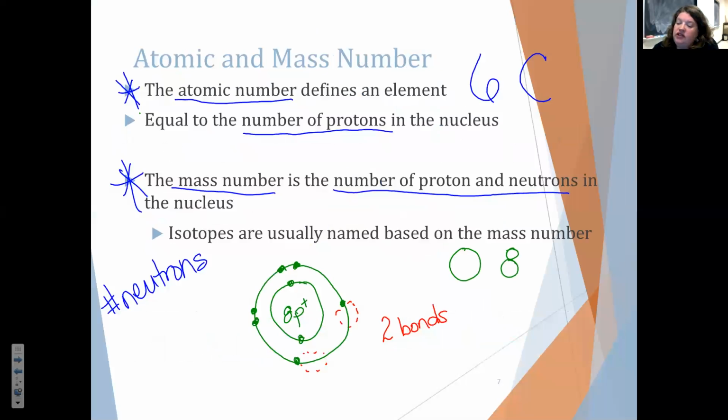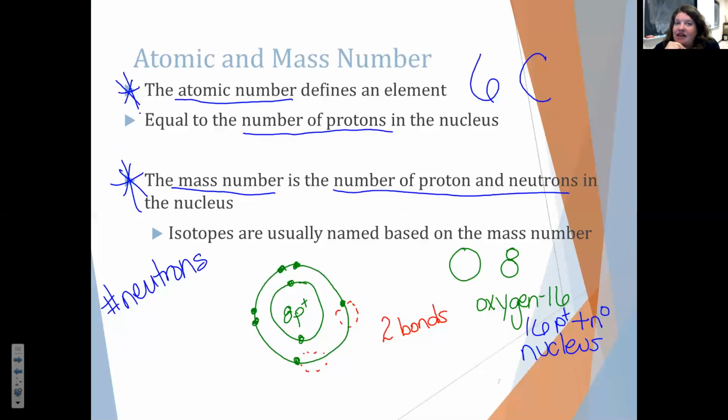Oxygen 16 is called that because it has 16 particles in its nucleus. 16 protons plus neutrons.